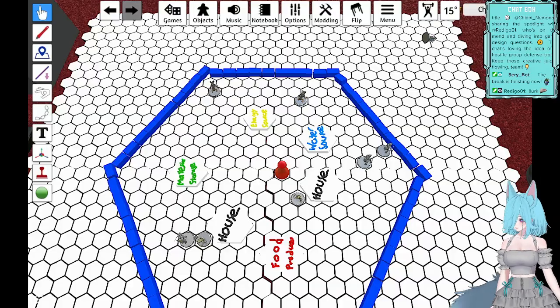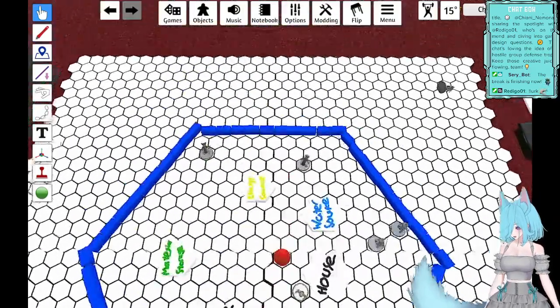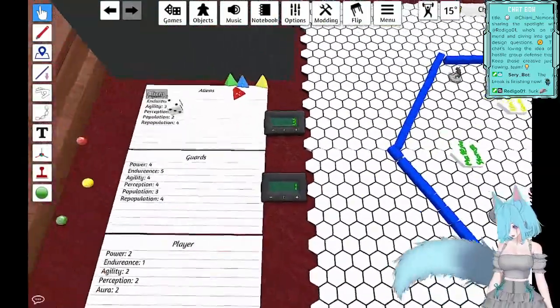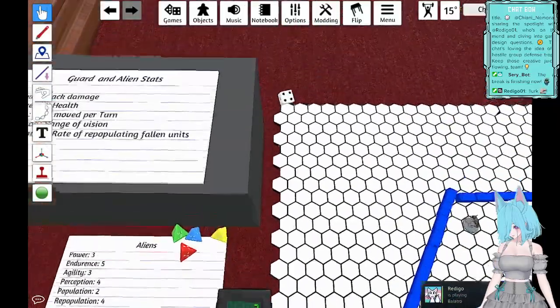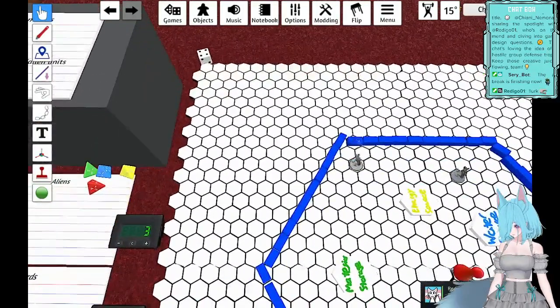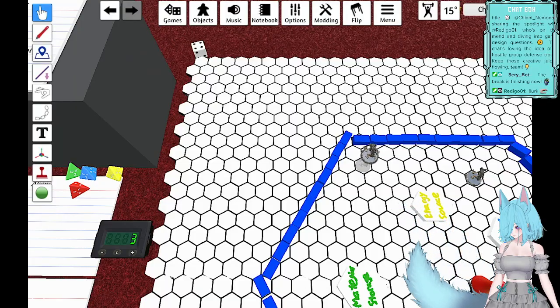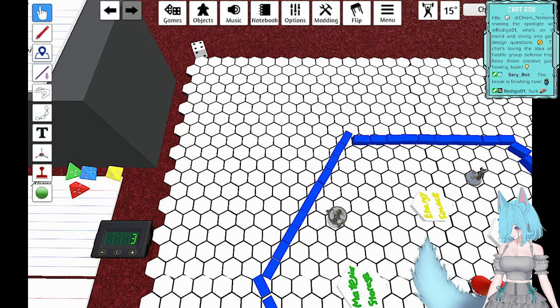But yeah. As for this alien here, he actually sees the wall, so he's actually gonna go somewhere else. But where? 4. So yeah, he is... One, 2, 3, 4.